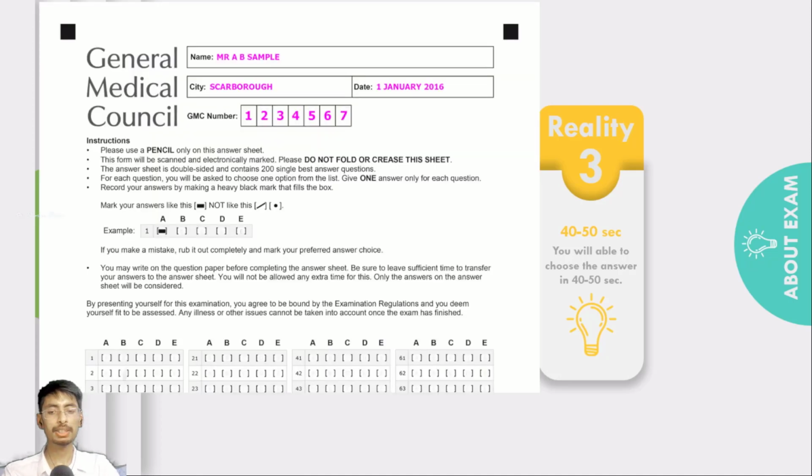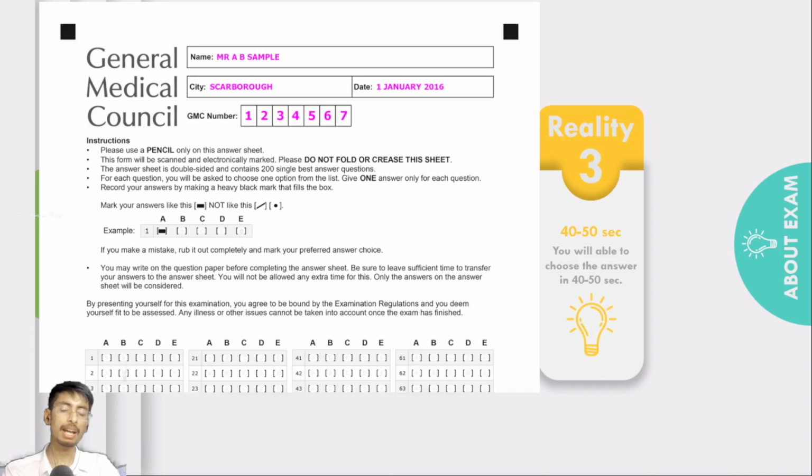So time management is the key to passing the examination. I cannot emphasize time management enough. You need to master it, and of course that comes with practice. I can suggest a few things real quick.